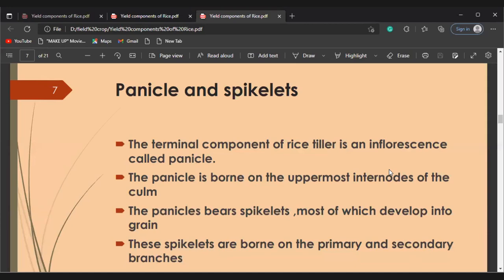The unfilled, chaffy ones will be lost while harvesting due to the wind, because they are low in weight and low in moisture. So that will be lost. These spikelets are borne on the primary and secondary branches.